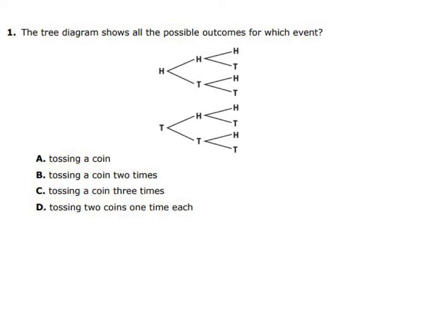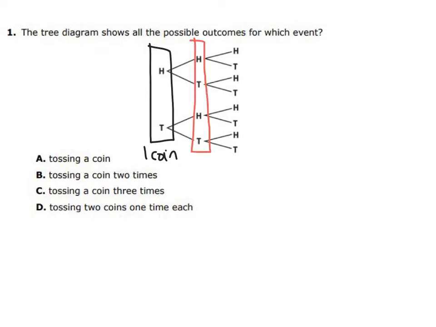So basically, when you flip a coin, this is one coin. So the first part is one coin. The second part would be the next coin, or actually, the next flip. It doesn't have to be different coins, it just needs to be the different flipping of the coin.